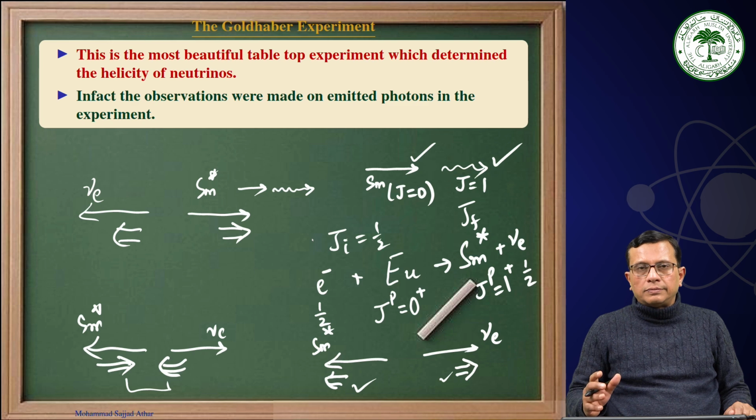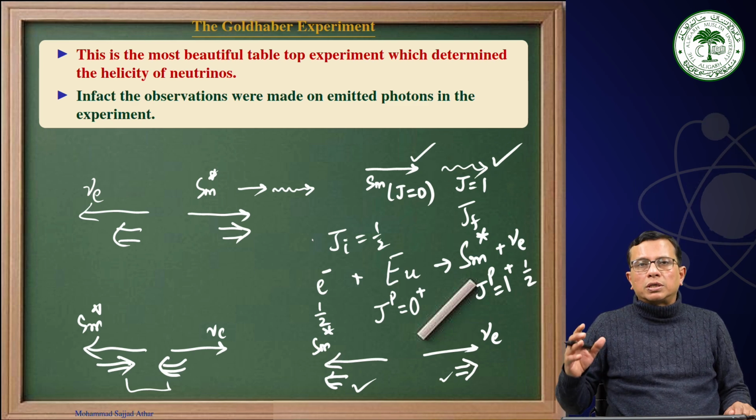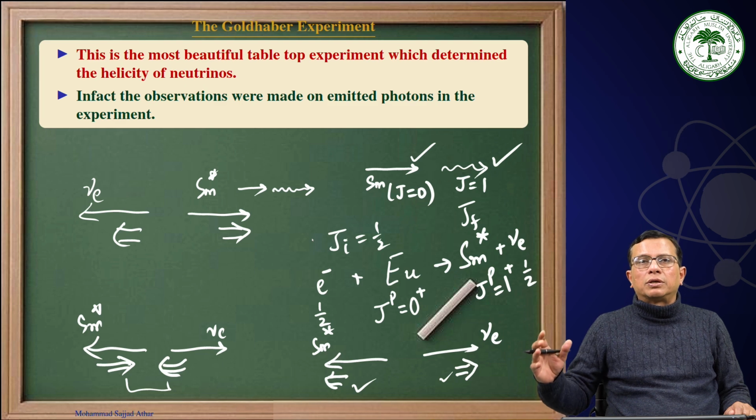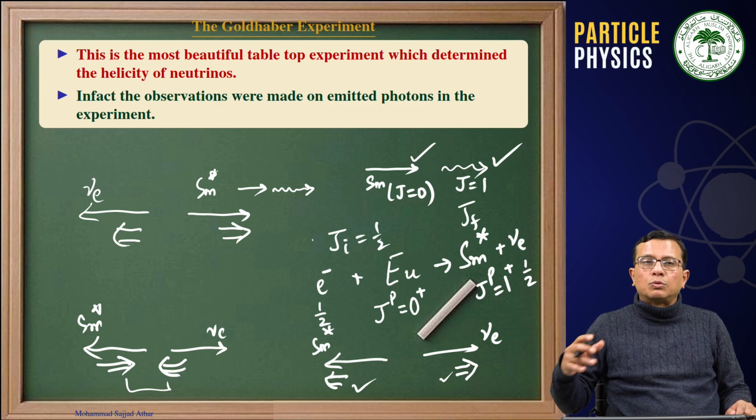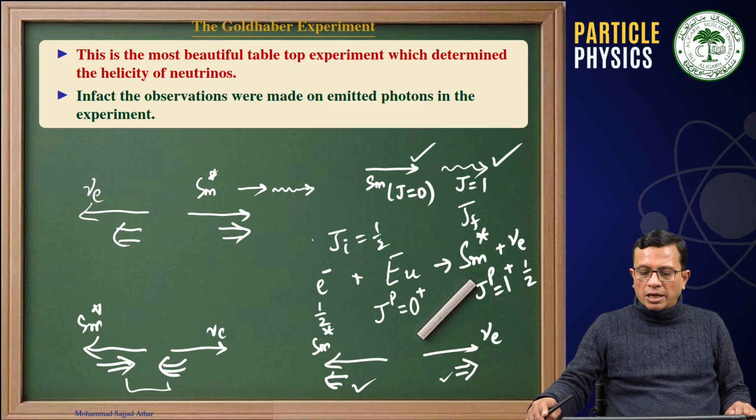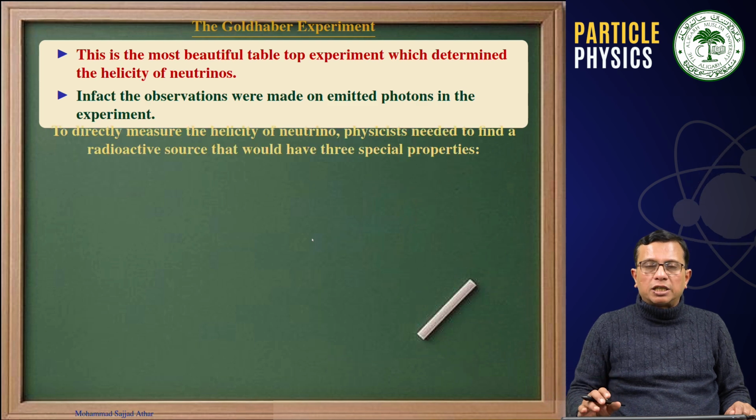And the helicity of the neutrino was decided by measuring the polarization of the photon. This is what we had discussed yesterday, and we had stopped at this point.